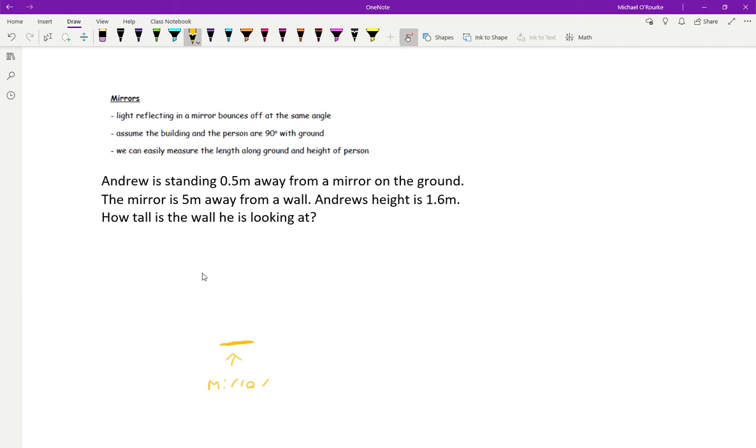If you have a mirror, let's say Andrew's here. I'm going to place Andrew right here. Okay? And Andrew's standing 0.5 away from the mirror. And Andrew's 1.6 tall as well. Ironically, Emma and Andrew are the same height, and both of them don't have arms.